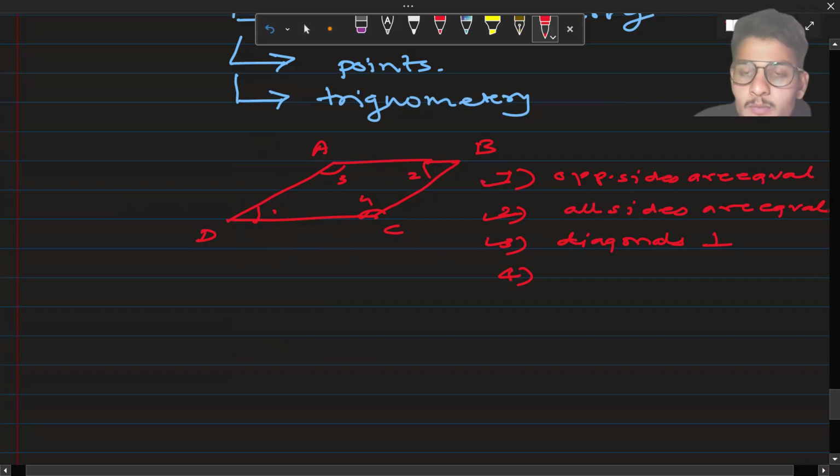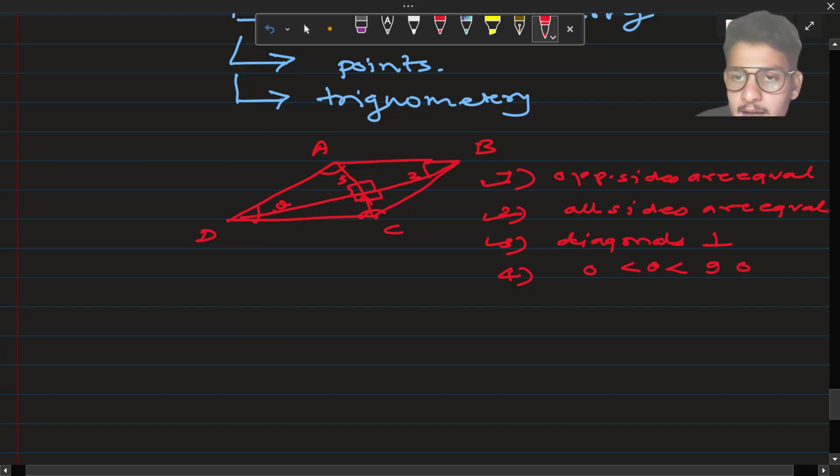It's a question of the rhombus, so all these properties will come into the picture. Diagonals are perpendicular; these are the diagonals and they are perpendicular. Opposite sides are equal, all sides are equal, diagonals are perpendicular, and this theta varies from 0 to 90.